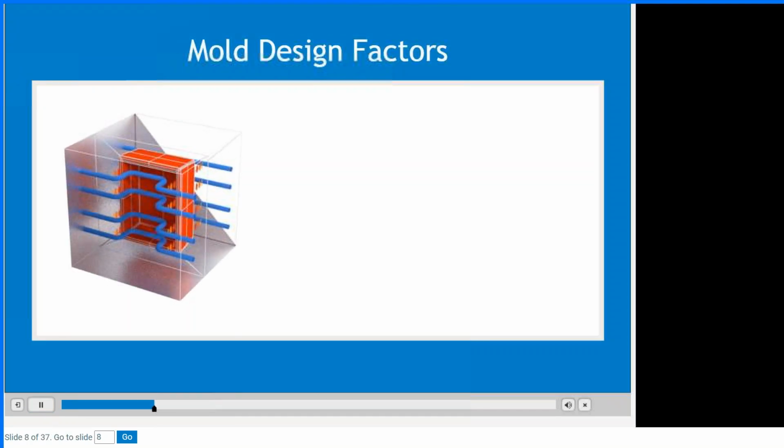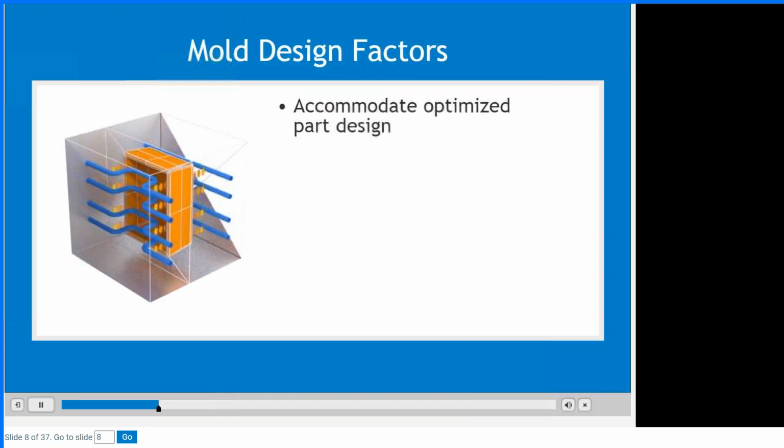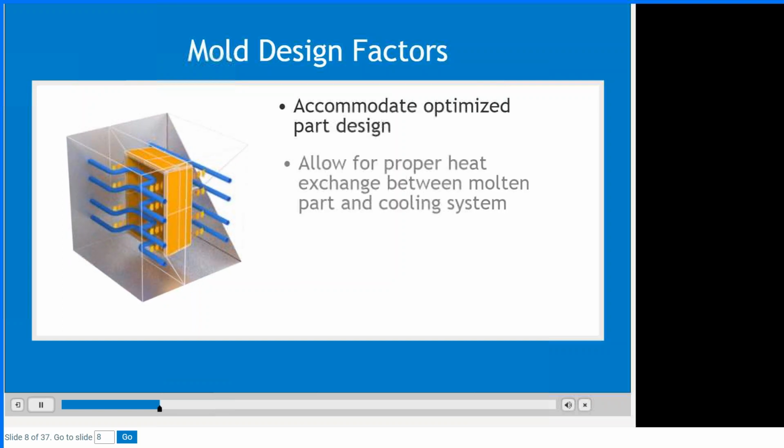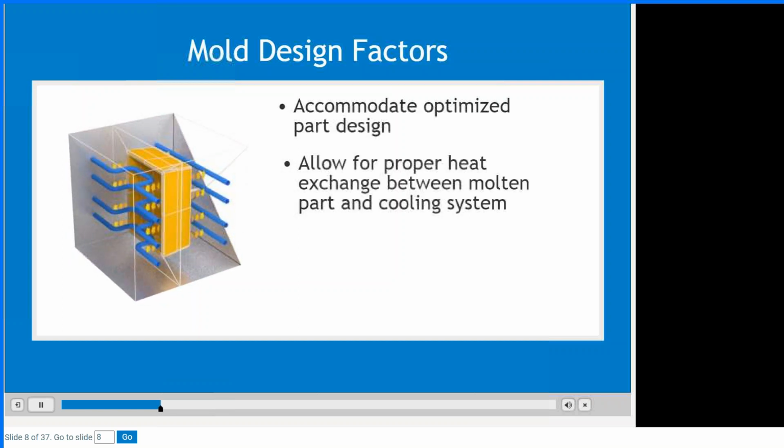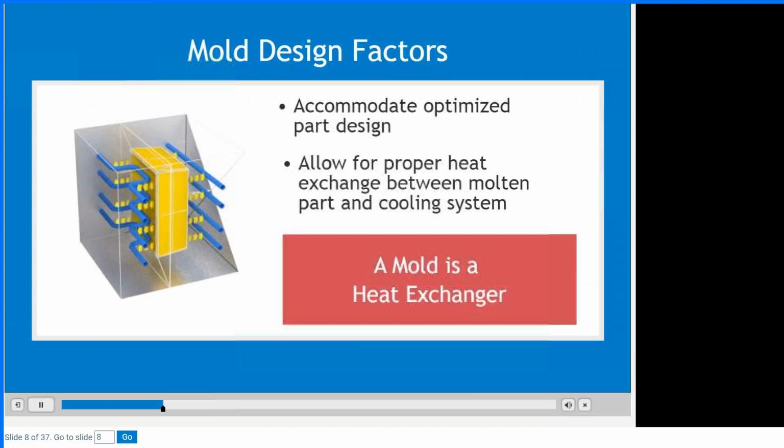Next, let's look at mold design considerations that influence volumetric and linear shrinkages, and potentially part warpage. Mold designs must accommodate the optimized part design and allow for proper heat exchange between the molded part and the tool's cooling system. Remember, a mold is a heat exchanger, and the goal is to achieve uniform temperature distribution and removal, allowing for uniform polymer shrinkages.